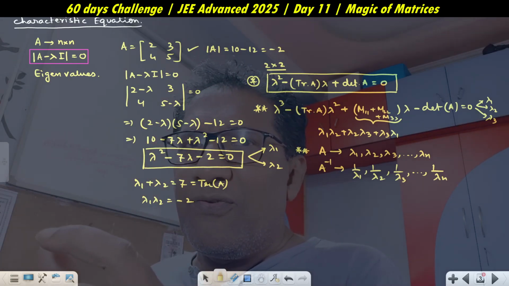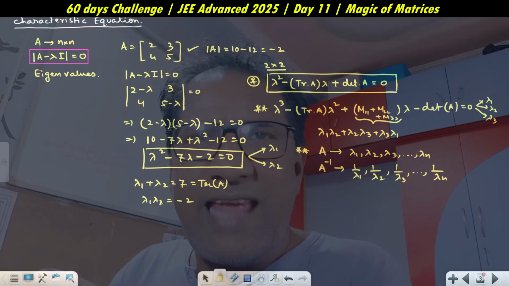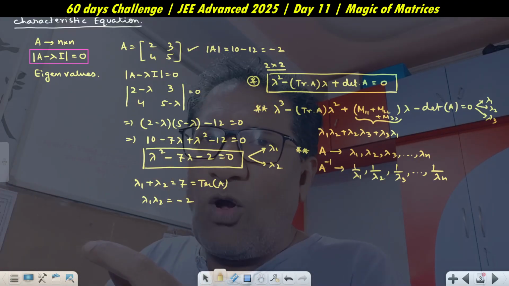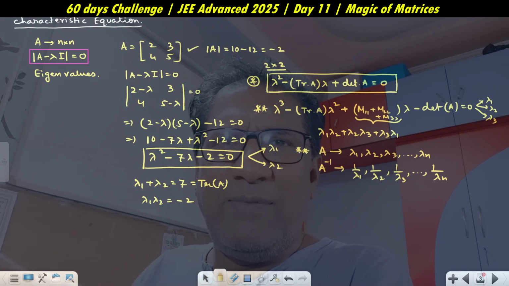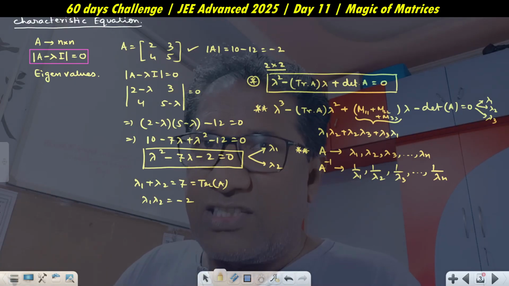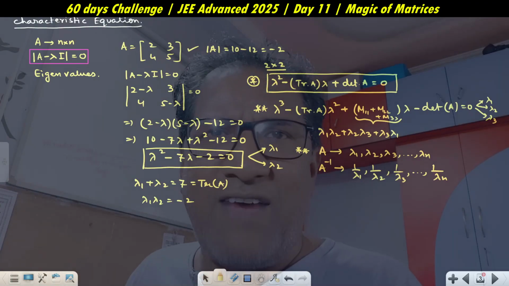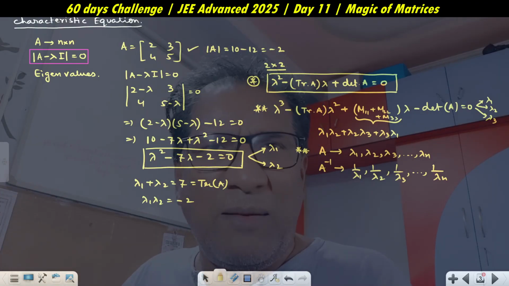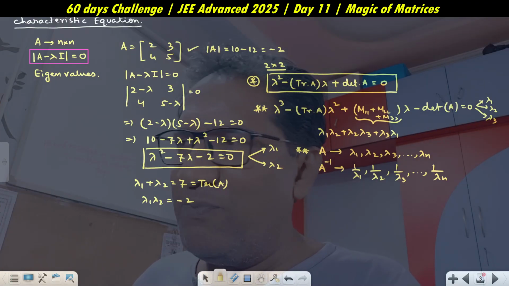So if the characteristic equation of a matrix A of nth order has the eigenvalues lambda 1, lambda 2, lambda 3, and so on up to lambda n, then A inverse will have the eigenvalues 1 by lambda 1, 1 by lambda 2, 1 by lambda 3 and so on till 1 by lambda n.